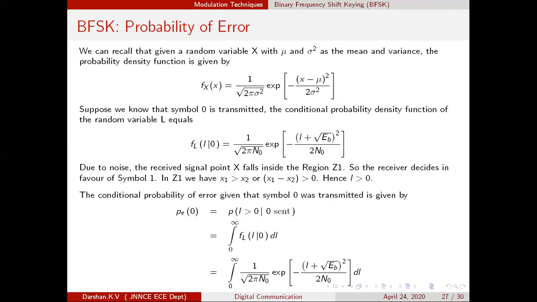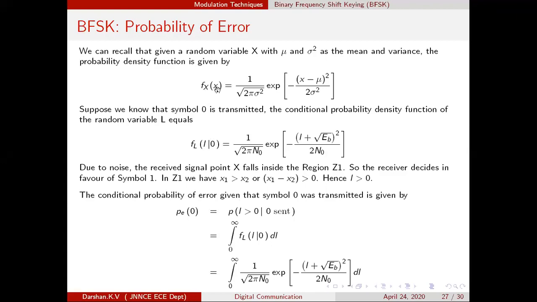Since all random variables are Gaussian, the conditional probability density function could be extracted from module 2 also. You can extract it with that knowledge, but remember this formula. Any probability density function for a random variable which is Gaussian in nature has this type of formula. f_X(x), where X is the random variable and the value of the random variable is small x.